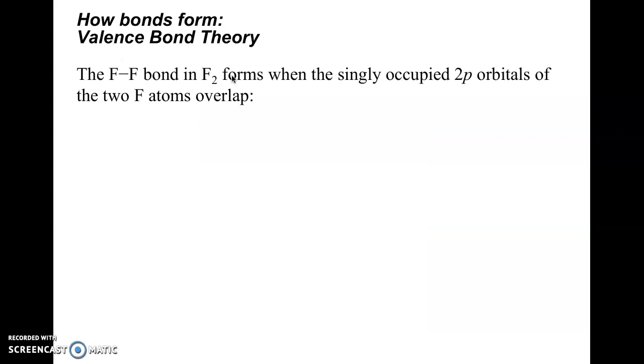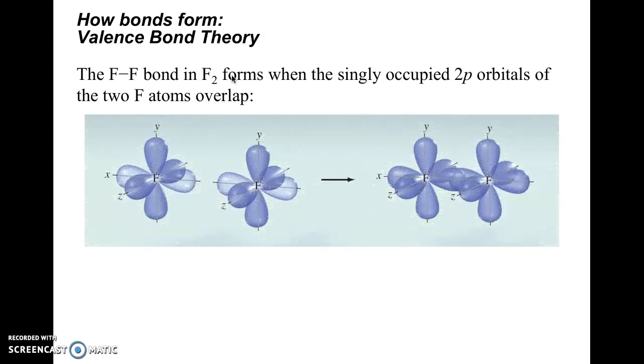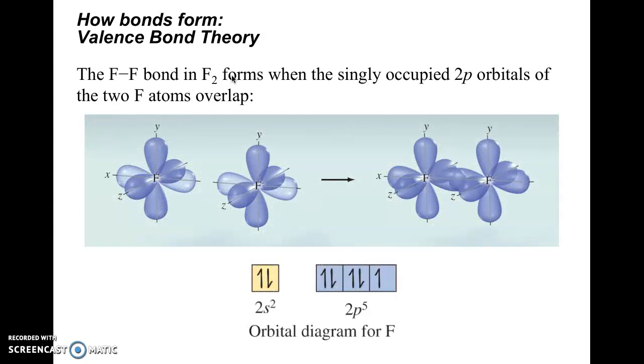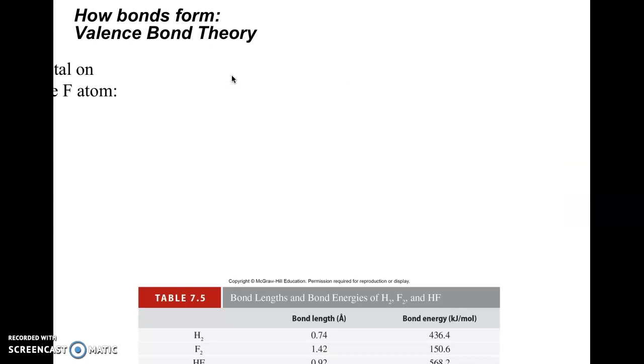In two fluorines, you could get the same kind of overlap, except the single electrons are in a 2p orbital, so they would have to overlap with their p's end to end. And this is the orbital diagram for a fluorine, and that's where you have your single electron.